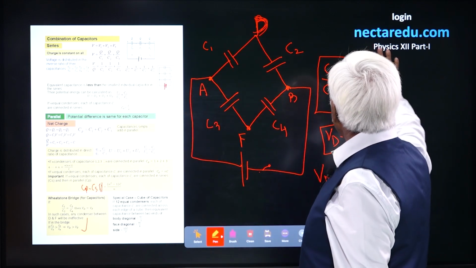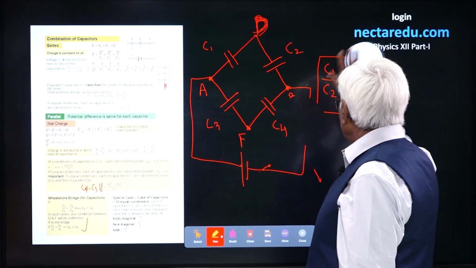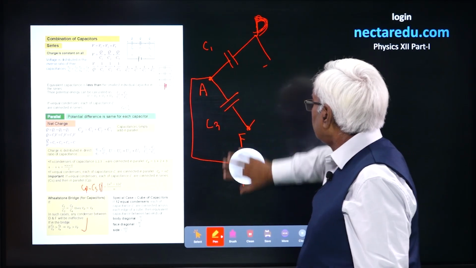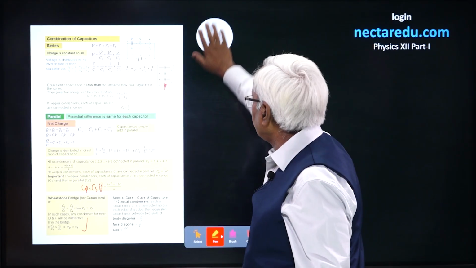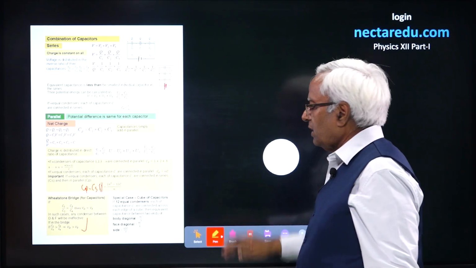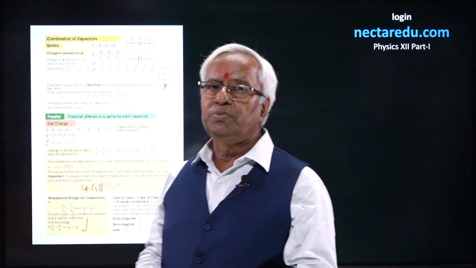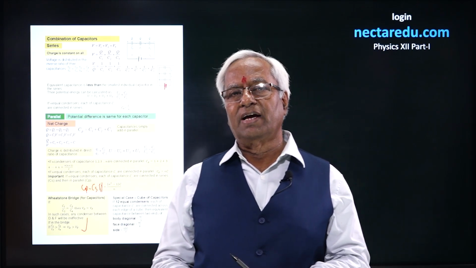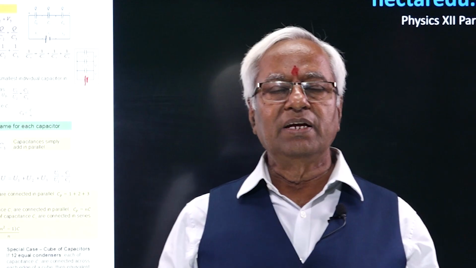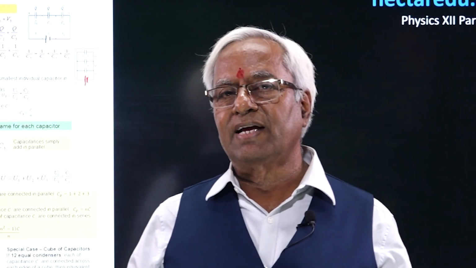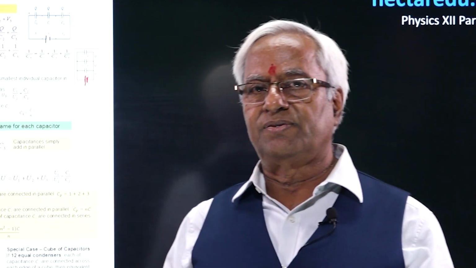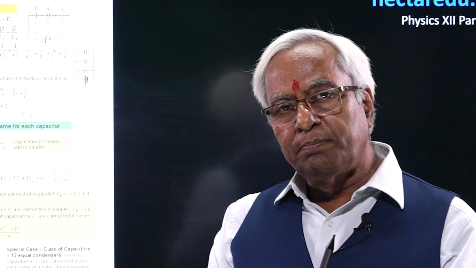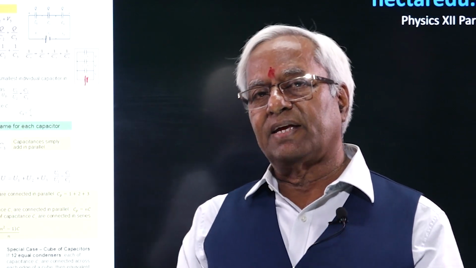And finally, you have to remember one result which you could derive also as and when required. Suppose along the 12 sides of a cube, we use condensers all of equal capacity C, then we could find the equivalent capacity between the two ends. Now, it will depend where the two ends have been taken.